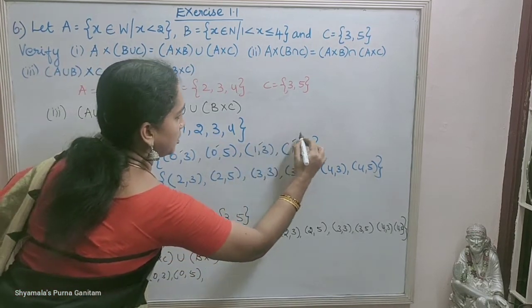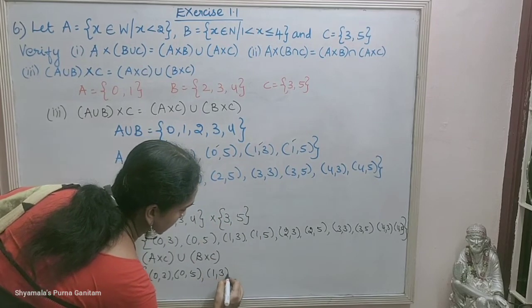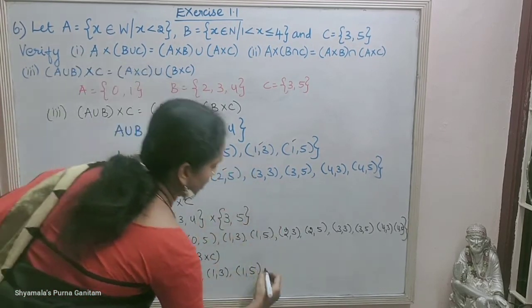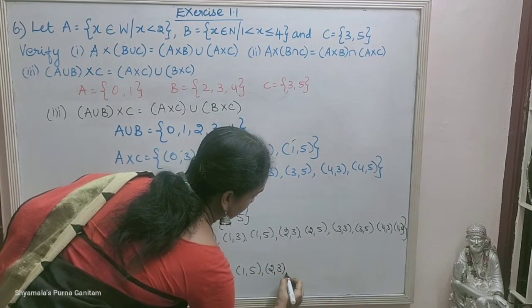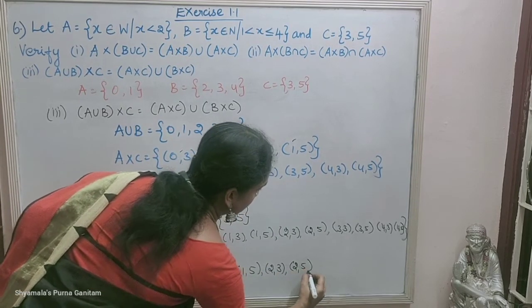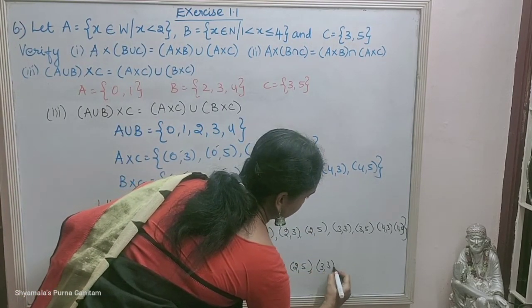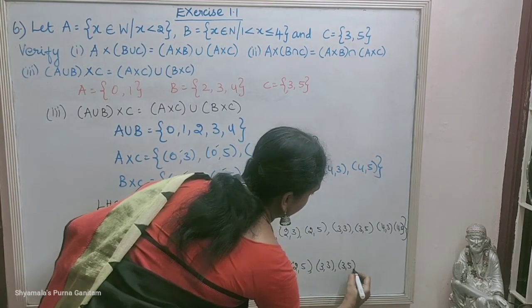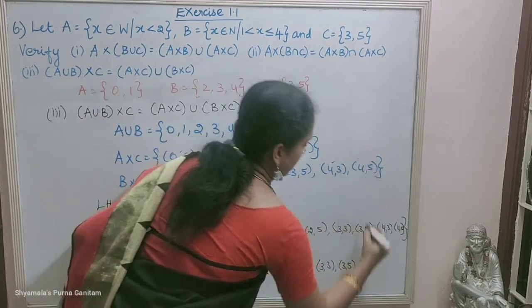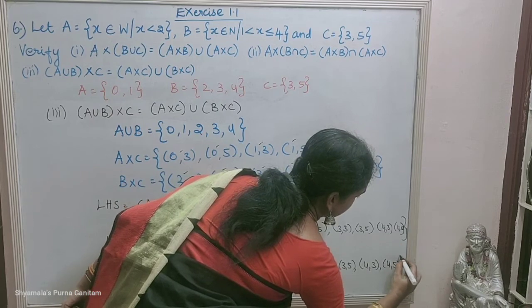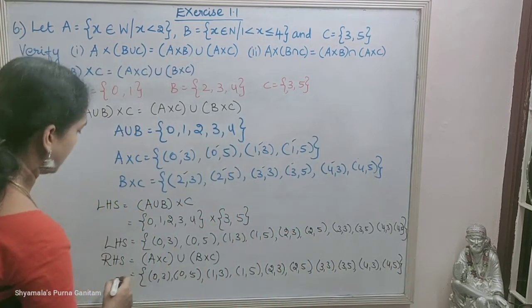Then (1, 3), (1, 5). Then (2, 3), (2, 5). Then (3, 3), (3, 5). Then (4, 3) and (4, 5). So this is the RHS value.